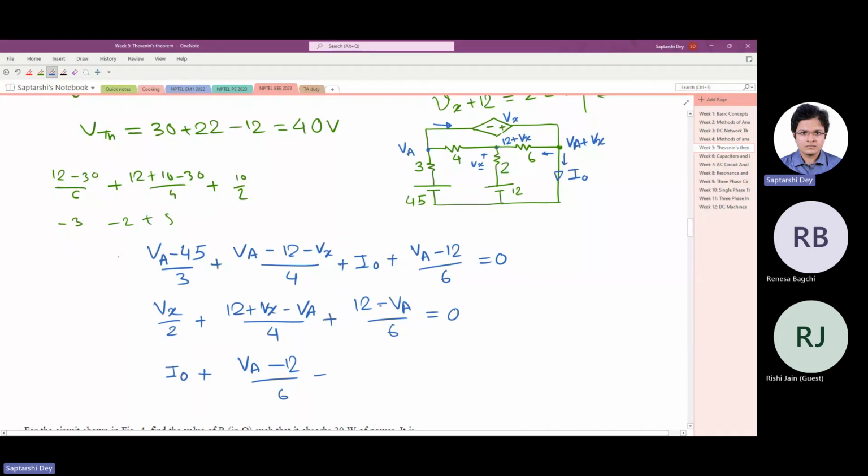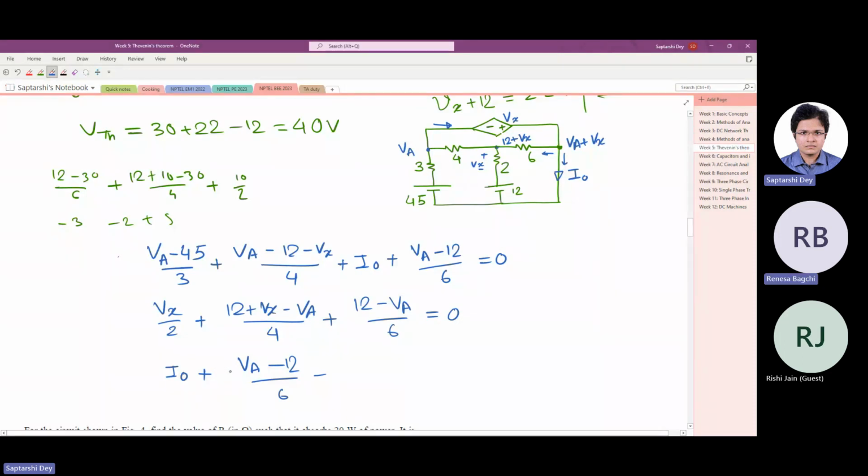And we have another current going out, which is... no, wait, we cannot apply. Can you find out another equation here?